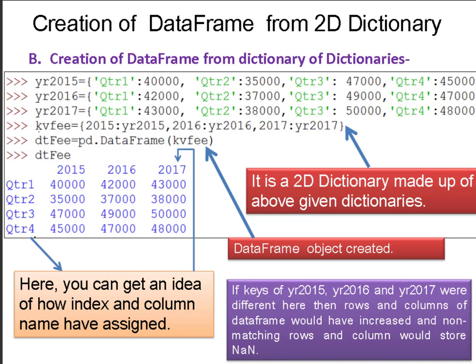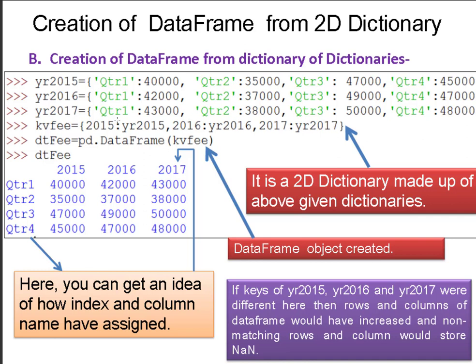So you can see this is the object name, like KV fee. Clear? This is the object name, and there we created the column names: the column 2015 has the year 2015 dictionary, 2016 has the year 2016 dictionary, and 2017 has the year 2017 dictionary.